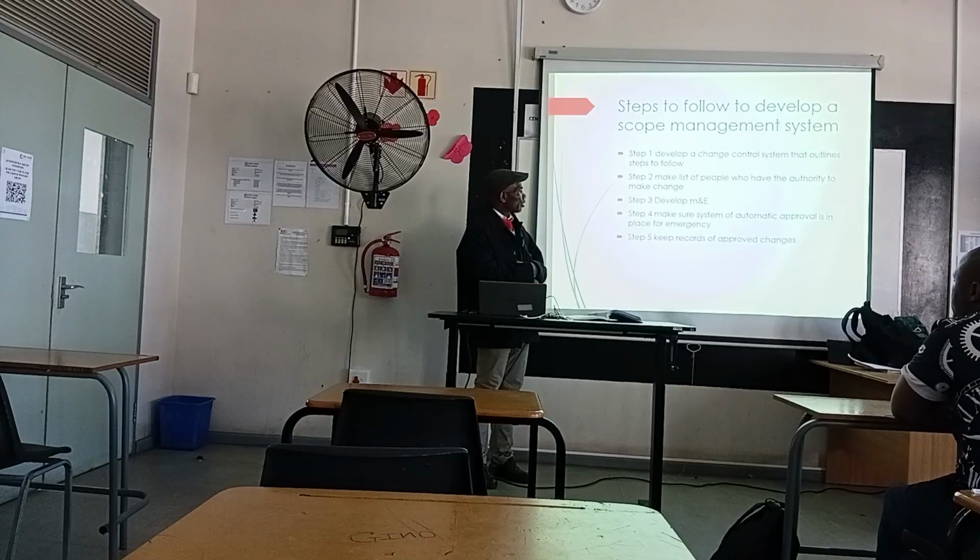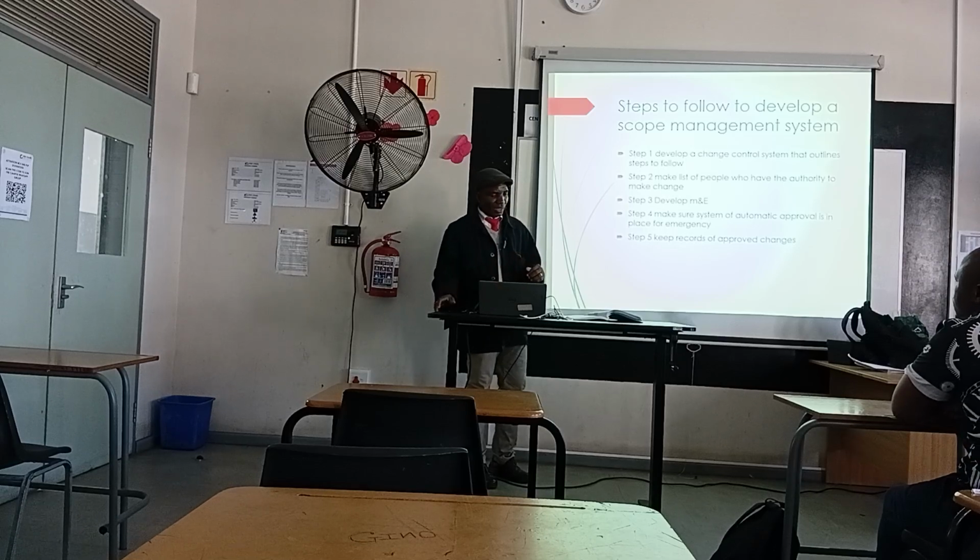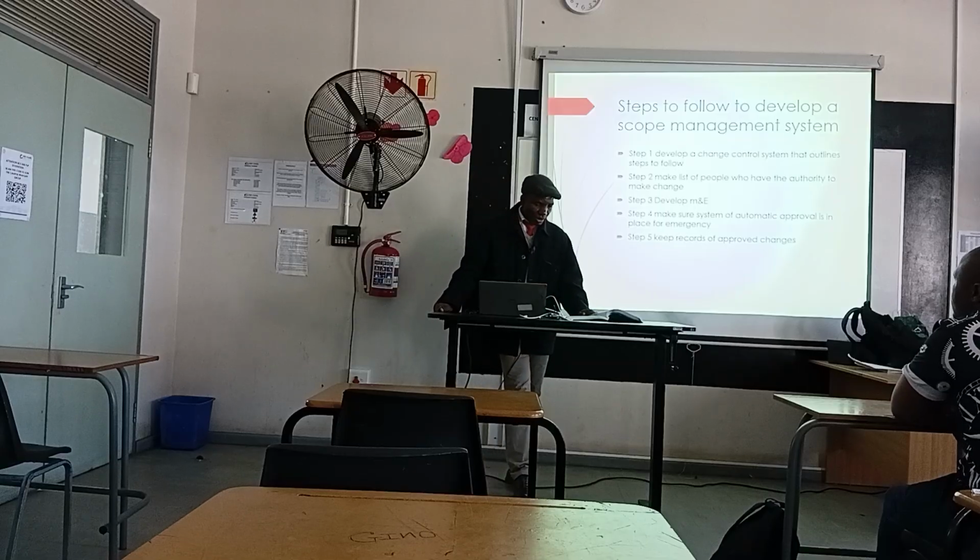Then you need to make sure there is a system of automatic approval in place for emergencies. Like we said, it shouldn't be a situation whereby everybody can suggest or request a change. Specific people must be designated to do that, and you need to have a list of such people.